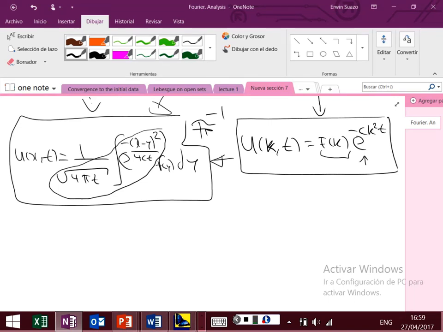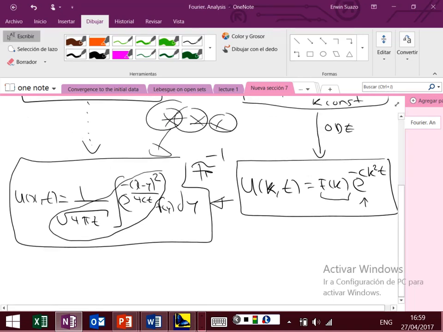So you need to know something so you understand and connect to something. For this step, we're going to use two things. This step requires the convolution theorem plus the Fourier inversion theorem.